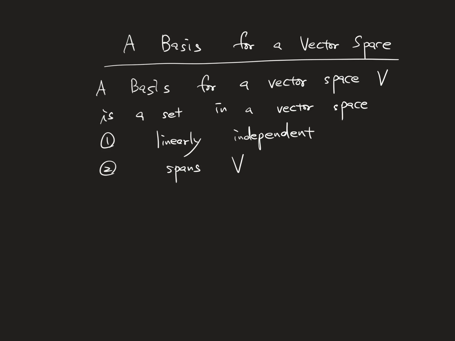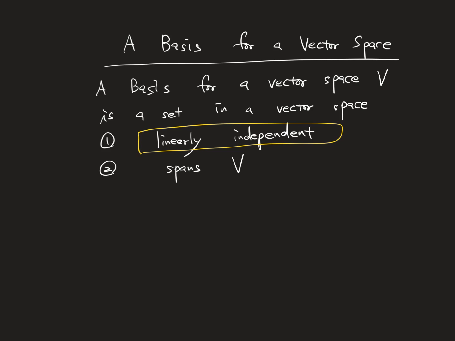Now we'll define a basis for a vector space. A basis for a vector space is a set in a vector space that satisfies two things. One is the set should be linearly independent, and also it has to span the vector space V. To be linearly independent, the number of vectors should be small enough.